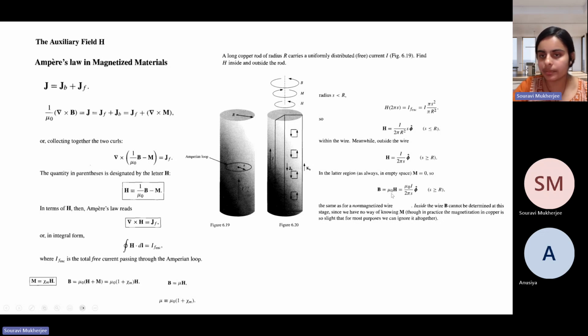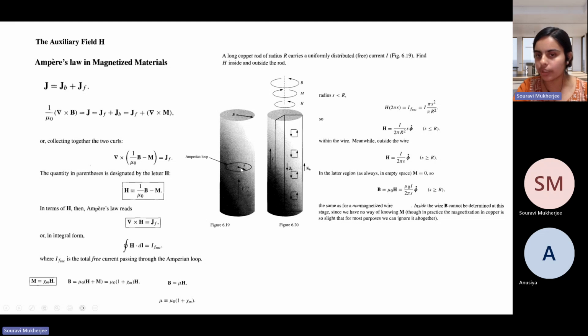But it's important to remember that here you can find B when you know H only when M is 0. So inside you can't find it, right? You can find it only outside, because outside you know it's free space and there M is 0. You can find the field outside, but you cannot find the field inside because you have no idea how M is inside.